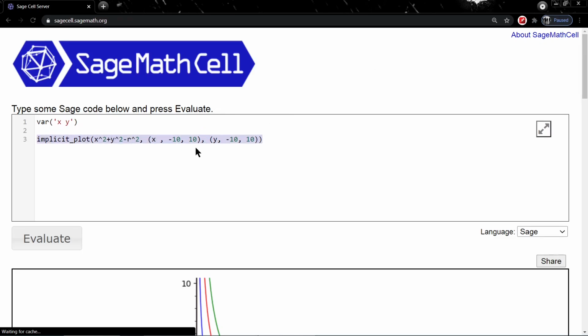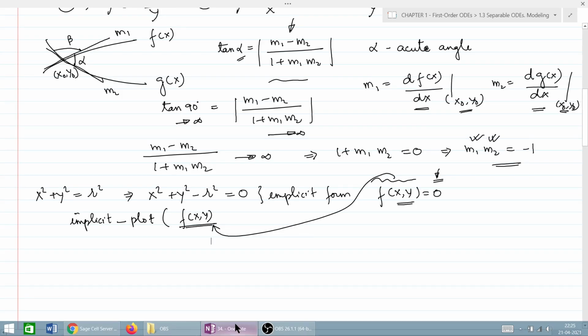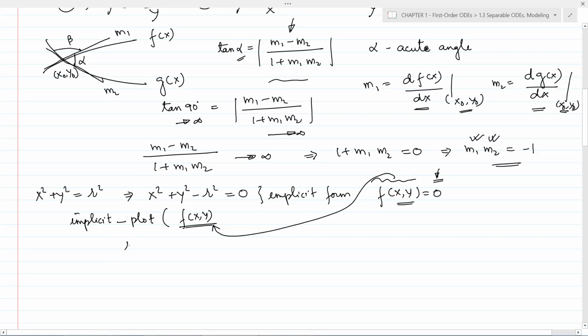Now to plot this equation, we have to plug in various values of r. Let us take values of r from 1 to 5, that is 1, 2, 3, 4 and 5, and for each value of r we will plot the circle.